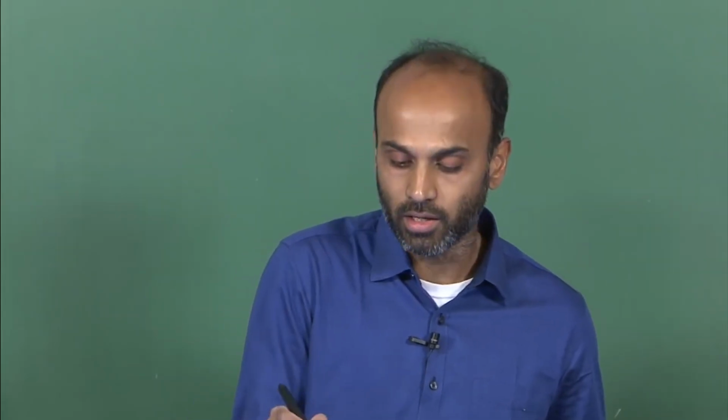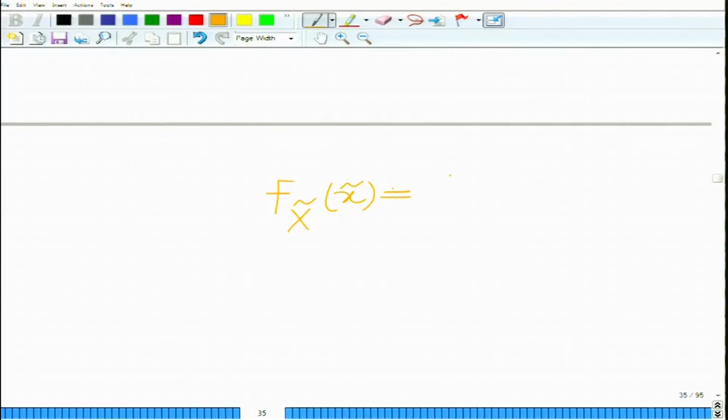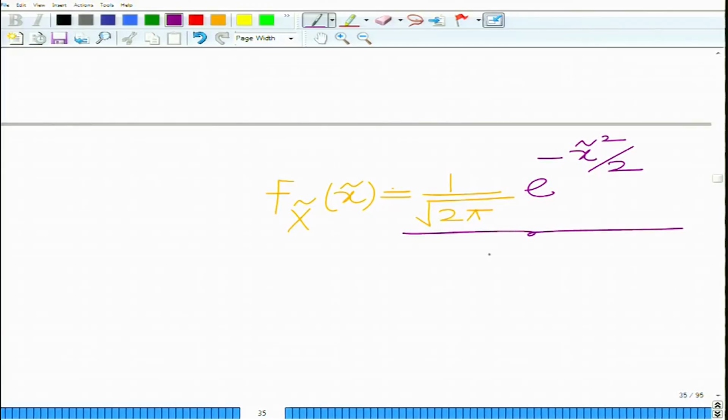So, you substitute mu equal to 0 and sigma equal to 1 in the earlier expression for the probability density function of the Gaussian random variable, and what you get is the PDF of this standard Gaussian random variable, given as 1 over square root of 2 pi, since sigma square equal to 1, e raised to minus x tilde square divided by 2. Remember mu is 0, so x tilde minus mu is simply x tilde, and once again sigma square equal to 1. This is the PDF of the standard normal.